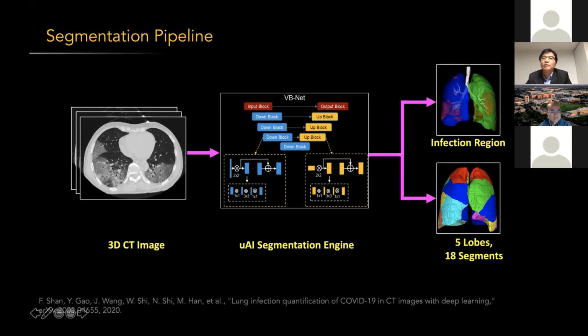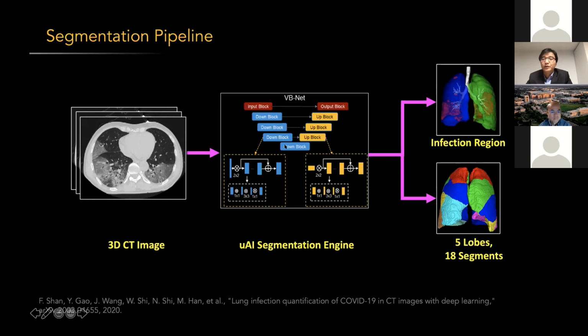But time is very, very important. Like United Imaging Intelligence, they had to develop this kind of technique within 5 days. Remember, that's just 5 days. But initially you don't have a lot of training samples.